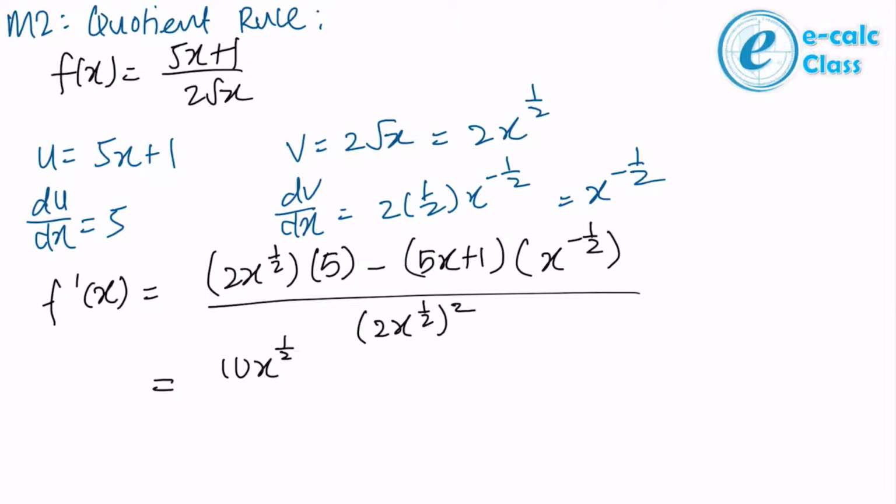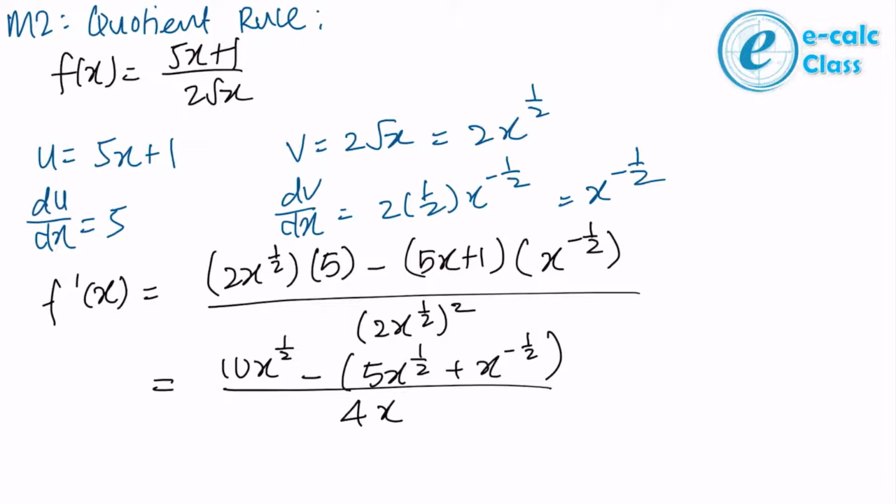Half minus 1 is negative half. 2 squared is 4, x half, and 2 cancel. Then just open your bracket. 10 minus 5 is 5x to the half minus x to the negative half over 4x.